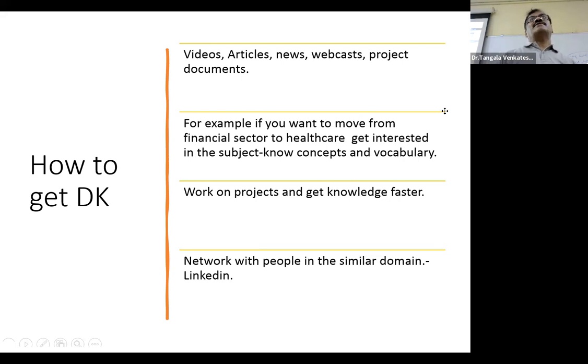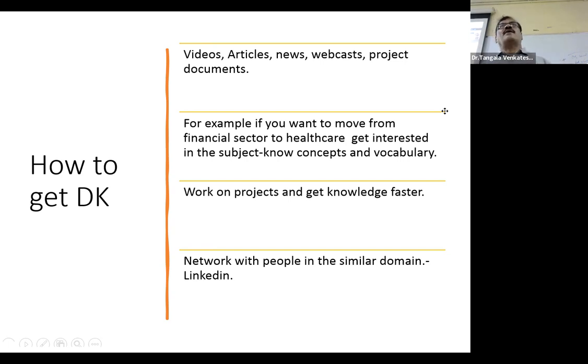Nowadays, with the COVID situation, even CEOs are giving free webinars. If you just log into YouTube and type live webinars, you'll sometimes get whatever live webinars are happening at present. Some of you, if you register on the Economic Times website, and there are any webinars organized by Economic Times, you'll get a mail.